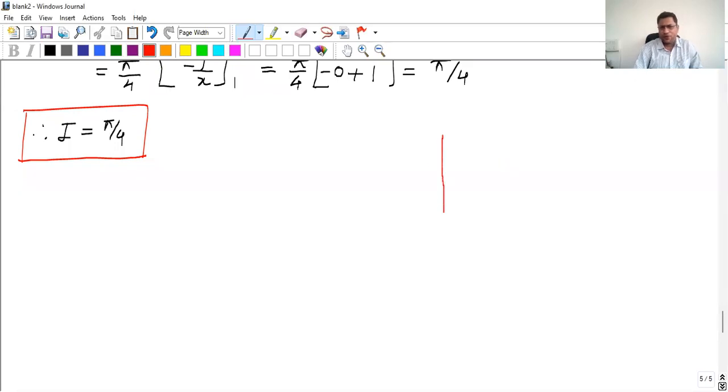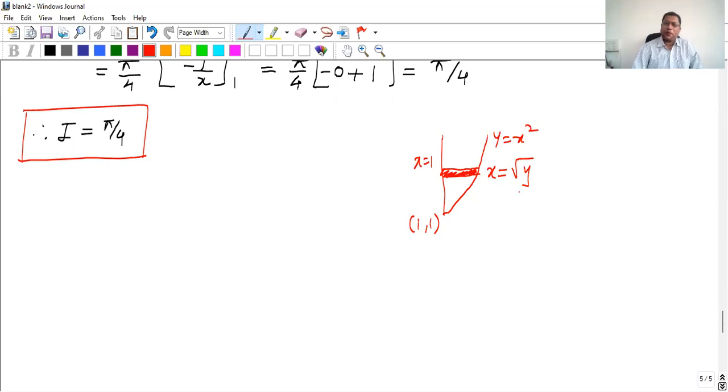The region is this: y is equal to x square, this is x is equal to 1, and this point is going to be 1, 1. Now if you draw the horizontal strip, so this is the horizontal strip. So here we have to write x is equal to square root of y. Is that okay?